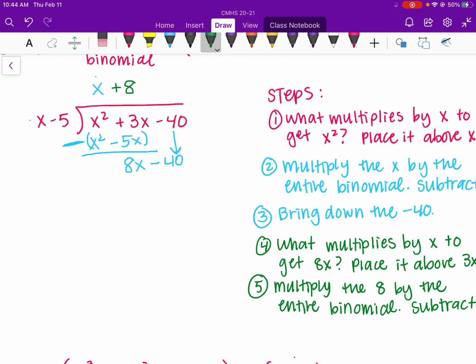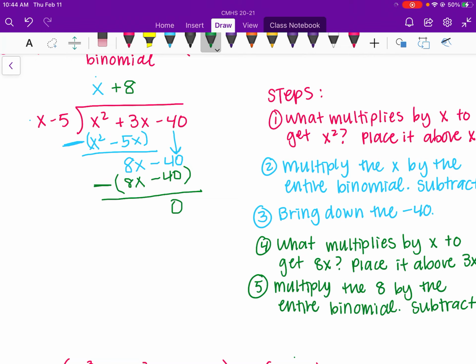And we repeat. Multiply the left side, that binomial x minus 5, by 8. 8 times x is 8x. 8 times negative 5 is negative 40. When we do parentheses and subtract, it's going to be 0.